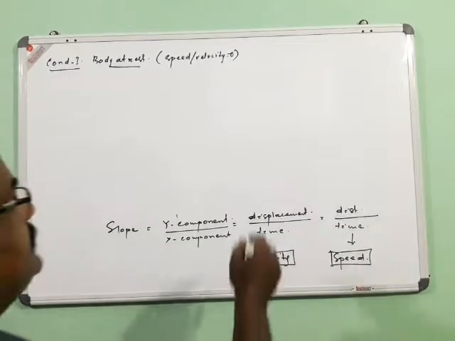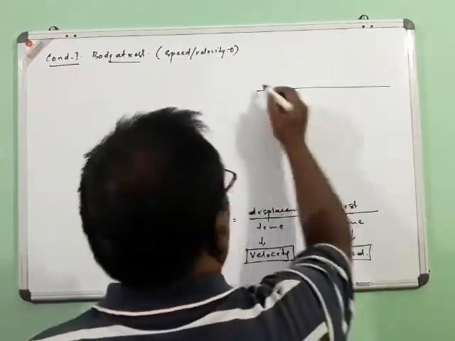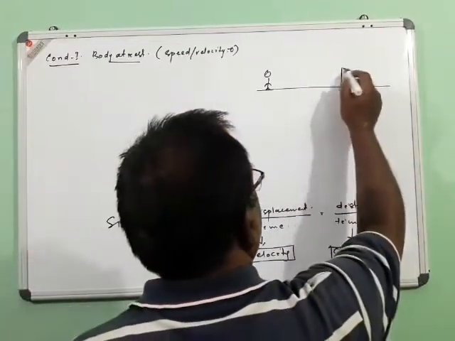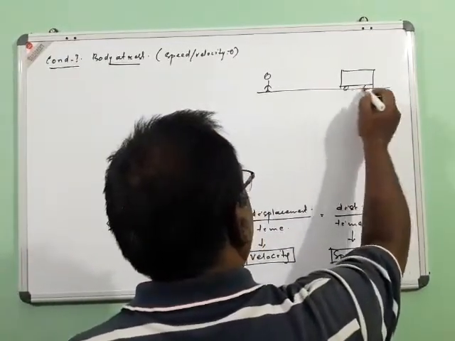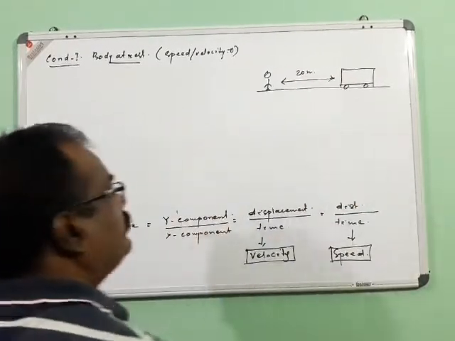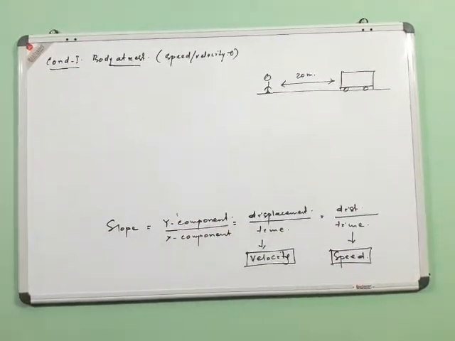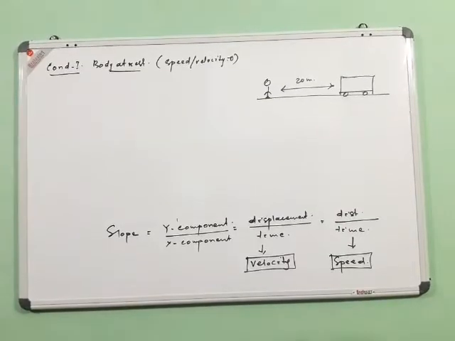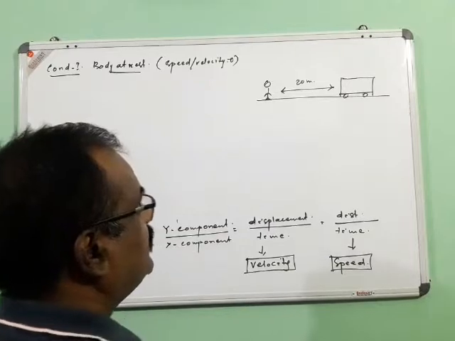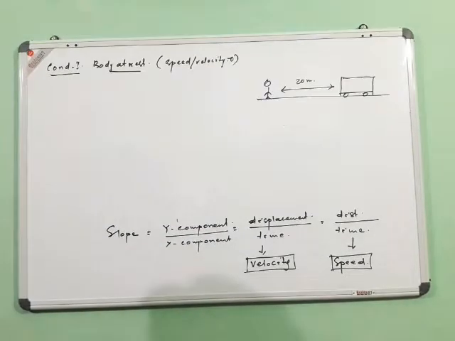Now let us take an example: the observer who is standing here found that an object is at 20 meter from him. When he first observed, at 0 second he observed that the body is at 20 meter. After 1 second he also observed that it is at the same position, that is 20 meter.